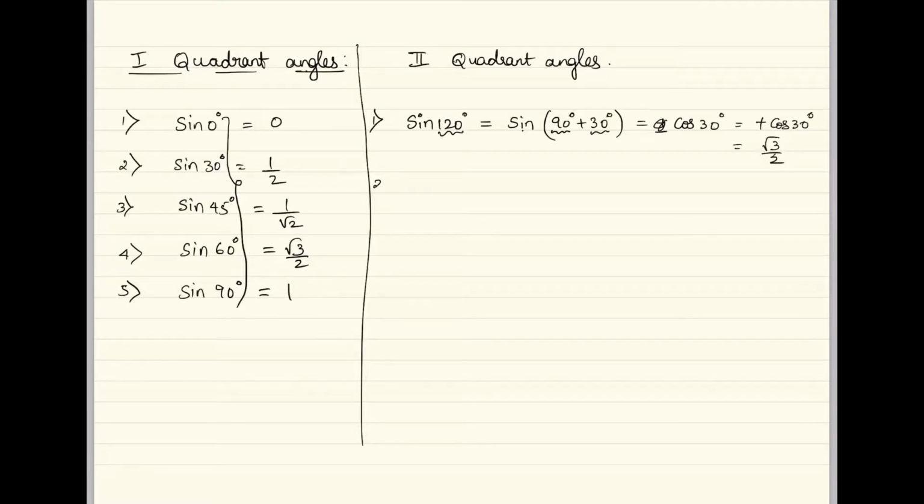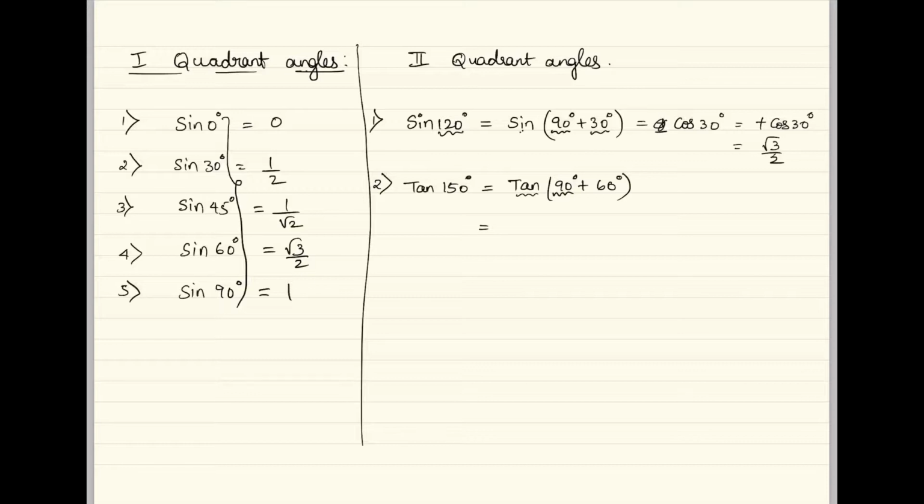Alright, similarly let's take another example. Let's take tan 150 degree. You can write tan 150 as tan of 90 degree plus 60 degree, right? Whenever 90 degree comes, sine should become cos, cos should become sine, tan should become cot, and cot should become tan.